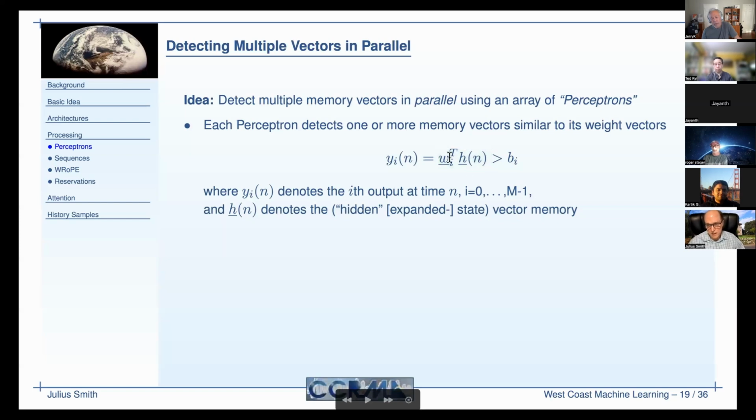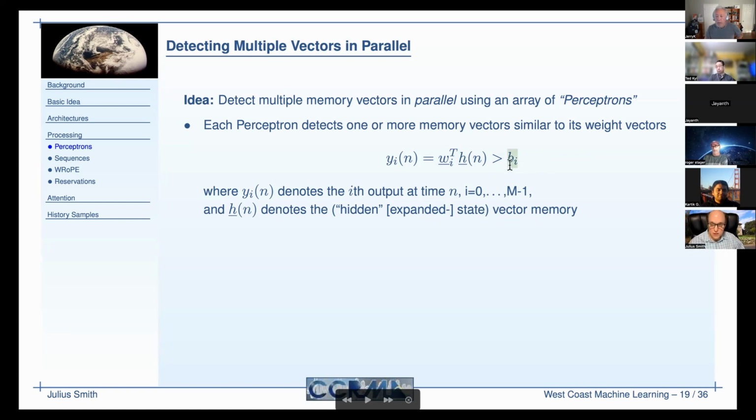So that would be like this looks like a white noise vector compared to the memory, and so you see something like 1 over n. But if it's like 0.9, then we know, hey, that's really in there. And if it's 1, then it's like you nailed it. But if it's like 0.9 or something like that, well, it might not be the vector we're looking for, but it should be something that means almost the same thing.